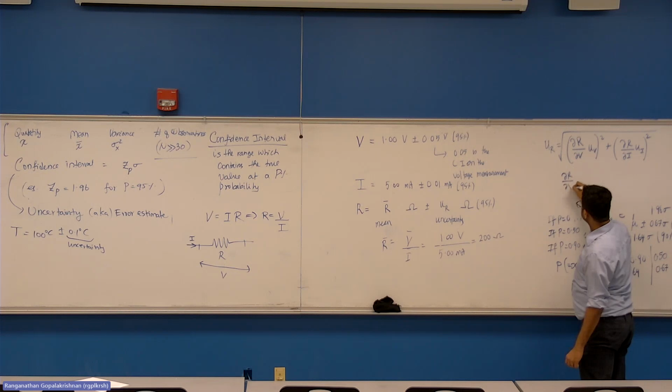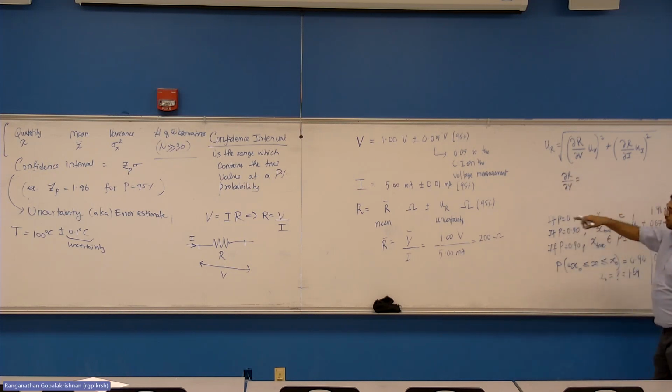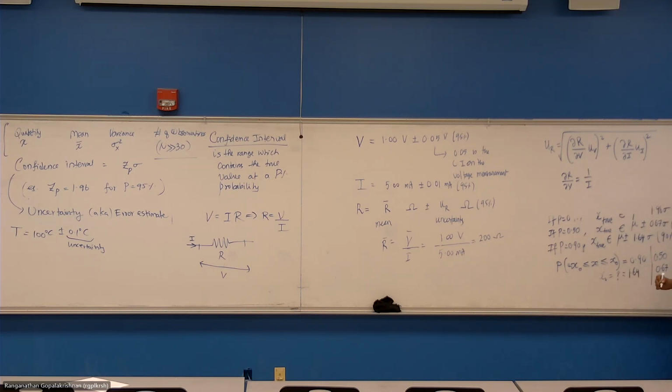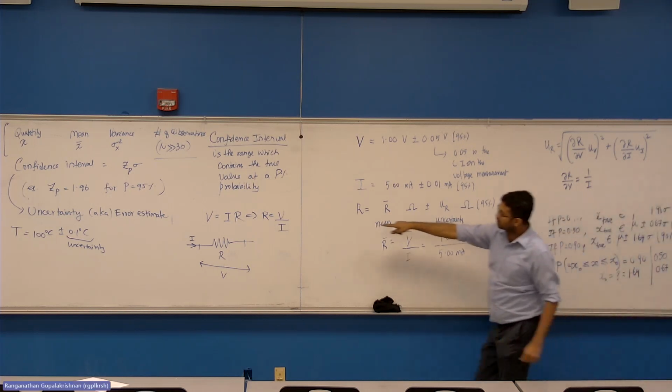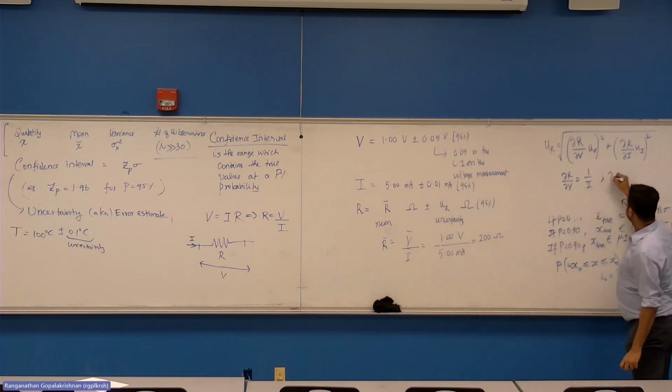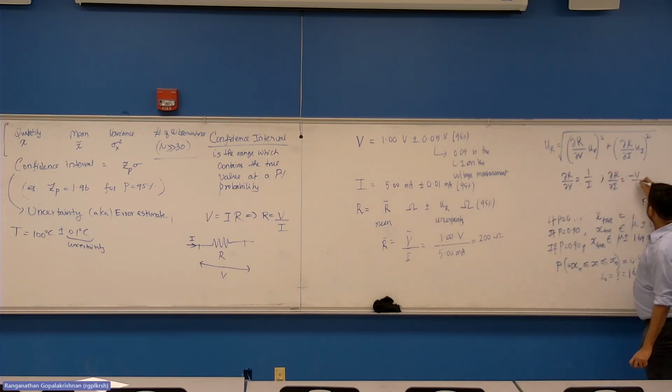Partial R over partial V is 1 over I. Right? I just need to take this and differentiate. Partial R over partial I is minus V over I squared. Right? Minus V over I squared.